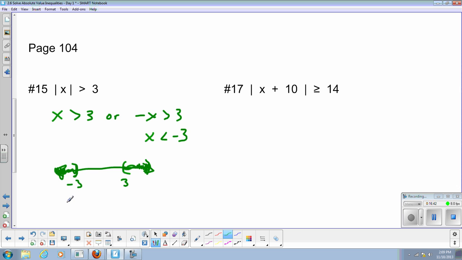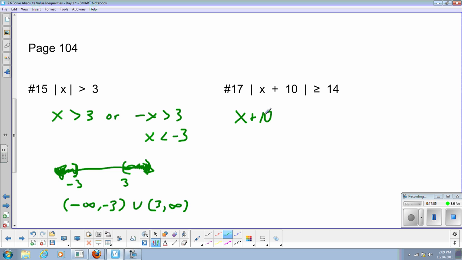Interval notation. Parenthesis, negative infinity. Hey, there's a decent one. To -3. Parenthesis, union, parenthesis, 3, comma, infinity, parenthesis.